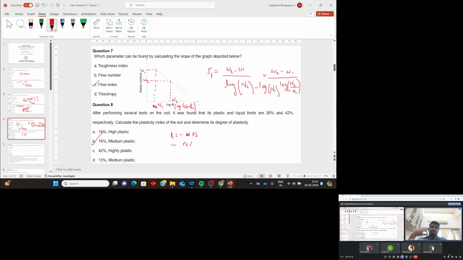For detailed classification, you can overlap this value in the A line chart. I hope you are aware of the A line chart. It is a plot between liquid limit and plasticity index. There will be a line. We will discuss it very shortly. As far as this problem is concerned, it is 16% and it is medium plastic.